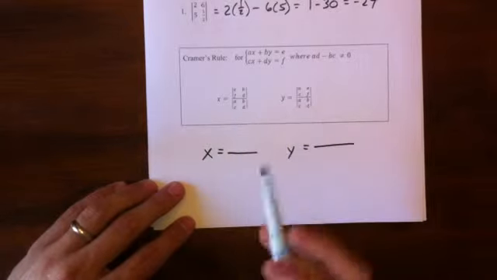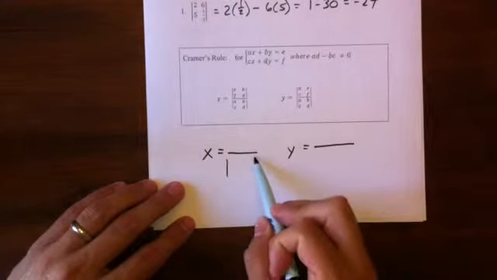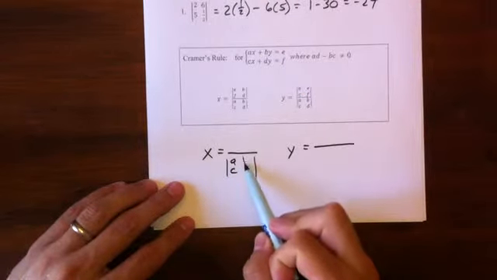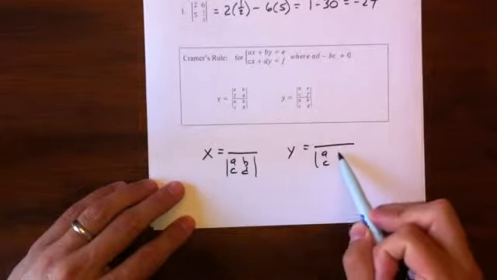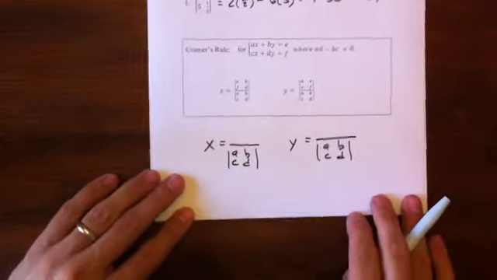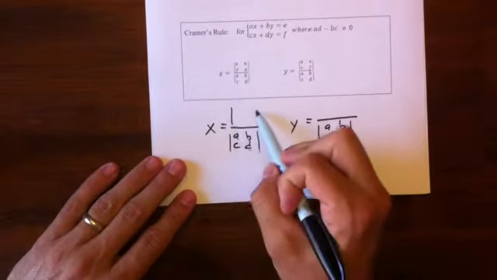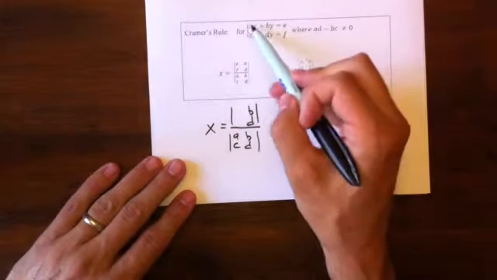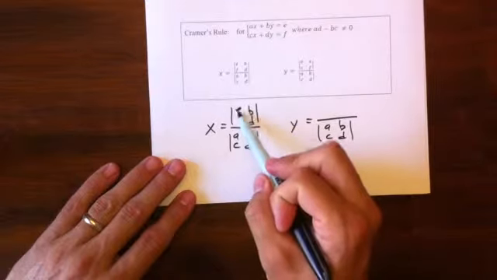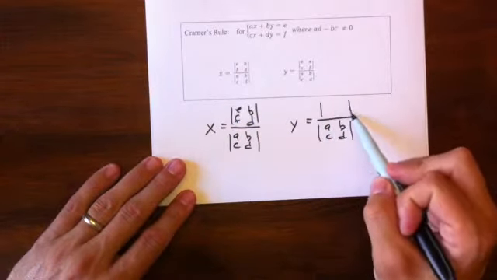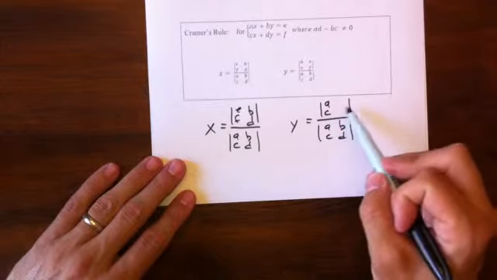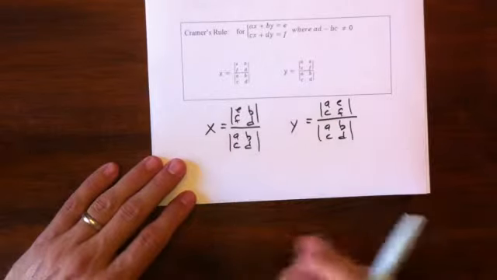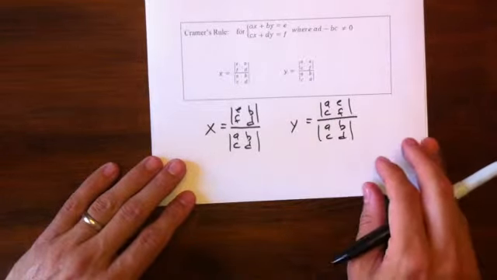One, the bottoms for both of these are exactly the same, and they're created by the coefficients of the variables: A, C, B, and D. And then on the tops, you're going to rewrite the matrix, but when you're looking for x, the x coefficients get replaced with E and F. And when we're doing the y, it's the same, but the y coefficients get replaced with E and F. And that's it. You solve the matrices on top and bottom, and you'll get your solution.